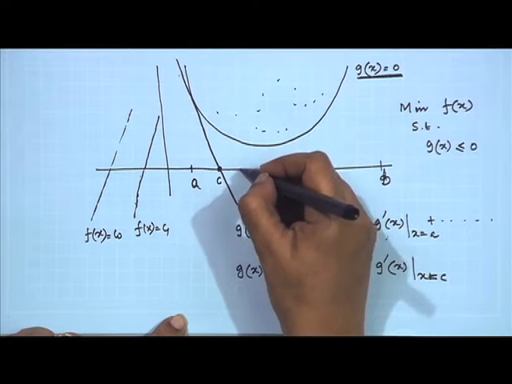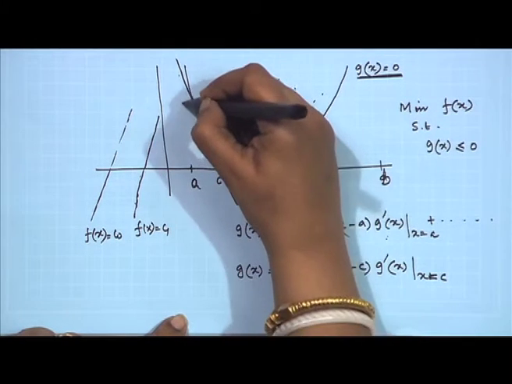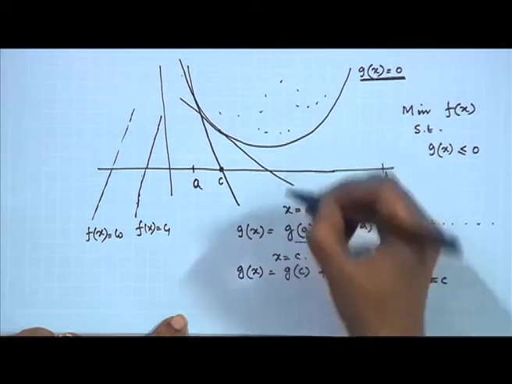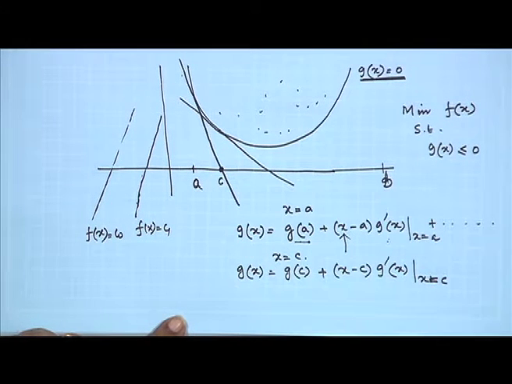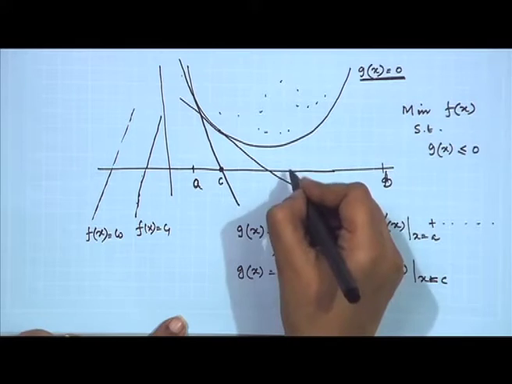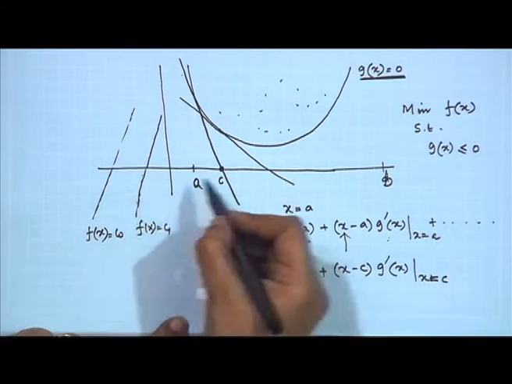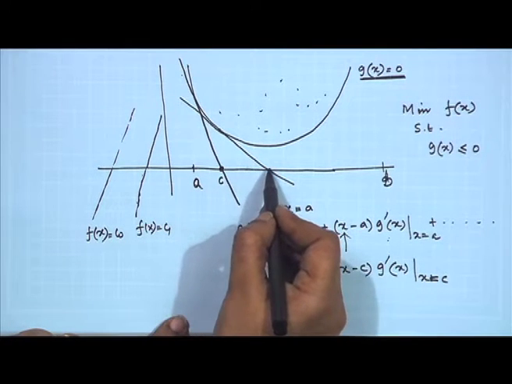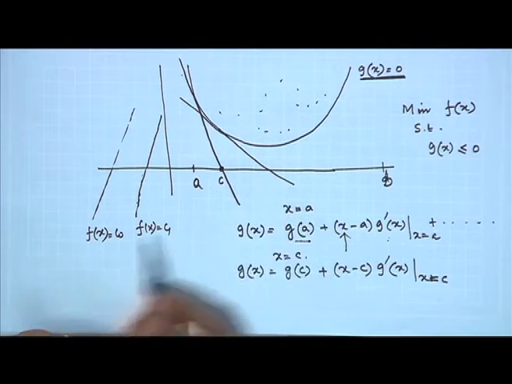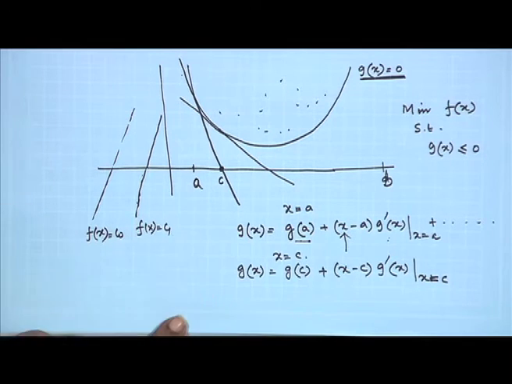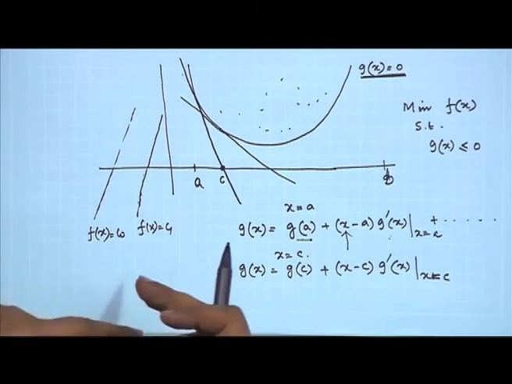Then at this point again we will have another linear approximation of g(x). Clear? This is the linear approximation of g(x) through Taylor's theorem, Taylor series, and the objective function is moving further and further, we will get the optimal solution. In this way, minimization or maximization we will handle, okay.